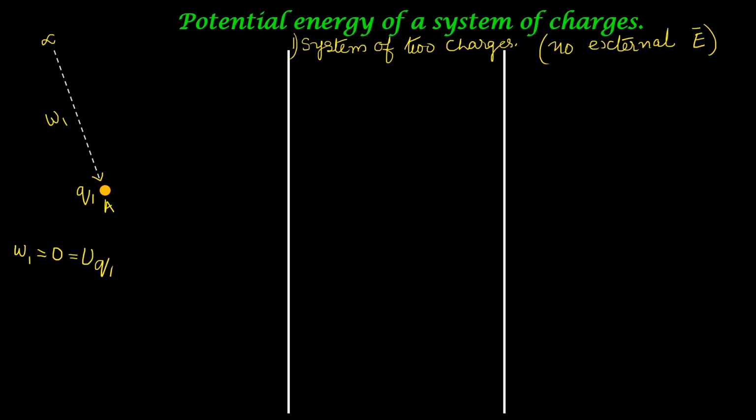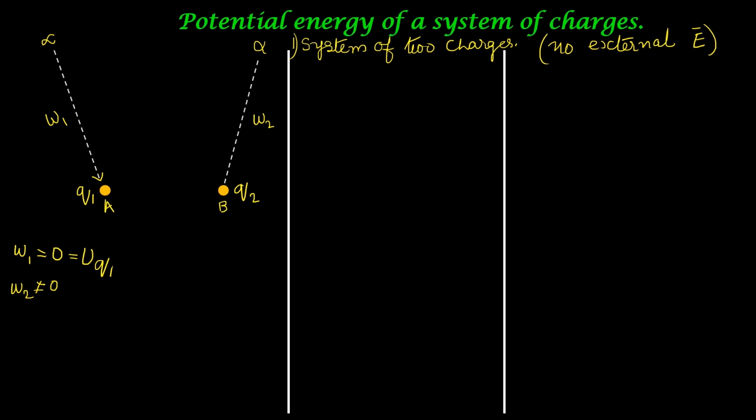So for the first charge Q1, the potential energy is 0 at infinity as well as in the location A. Now the second charge Q2 is brought from infinity and placed at location B. Let the work done be equal to W2. W2 is not equal to 0. It has some value because work has to be done in order to bring Q2 to the location B, because now there is an electric field in the location due to charge Q1.